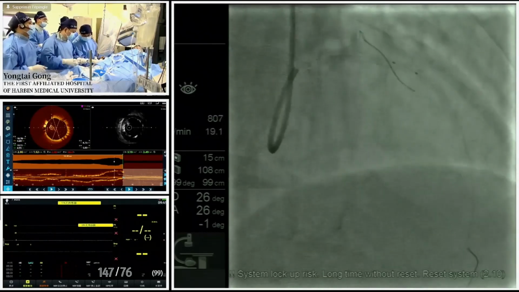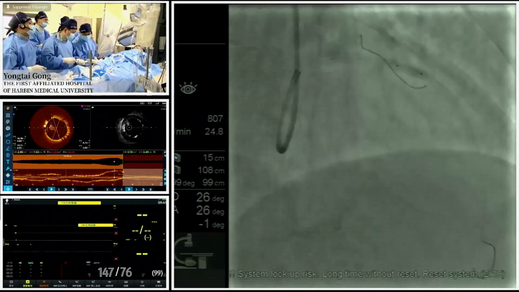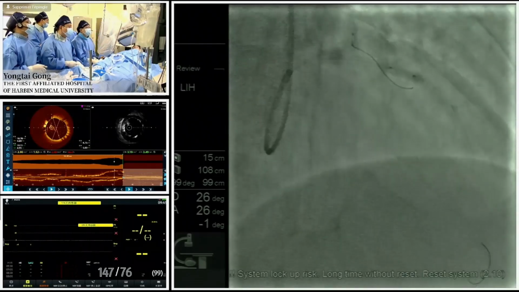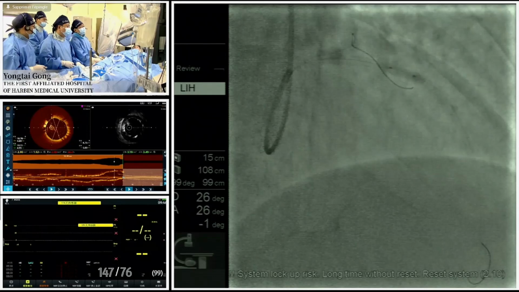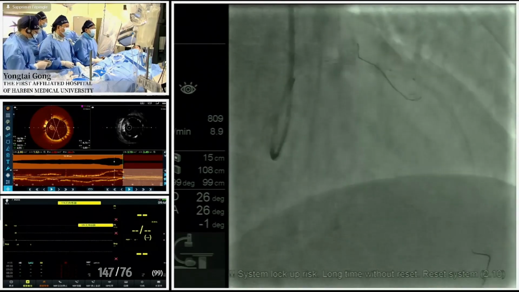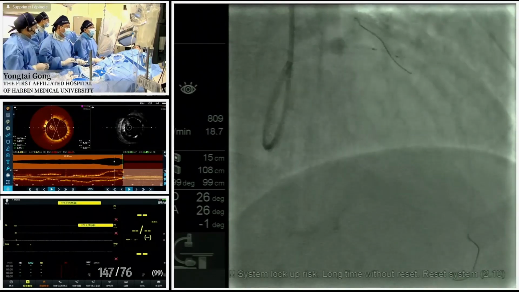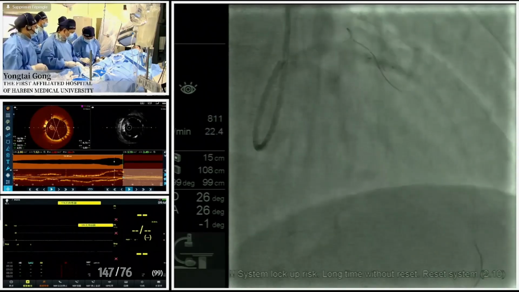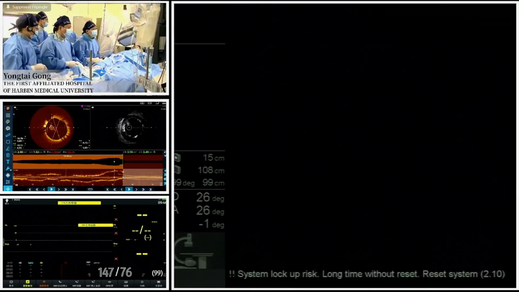That significantly enhanced the pushability of the NC balloon. Yes. So first we use this small balloon to dilate the distal cell, and after that, if this cell is large enough, we can deliver the balloon we want.